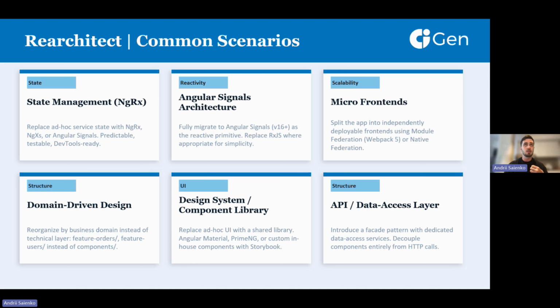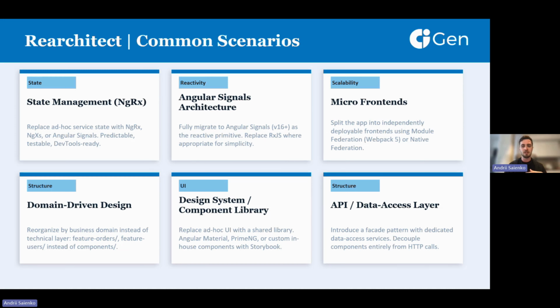It's not a highly spread practice, but still it's very powerful for big scaling applications. And micro frontends via module federation is the right call when you have multiple teams that need to deploy independently. For example, some different features or different areas of your application.